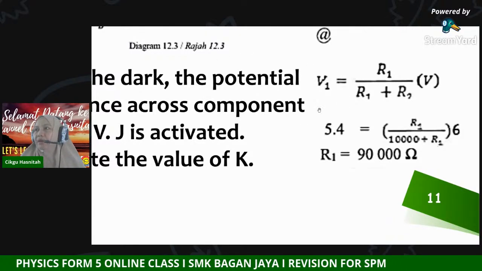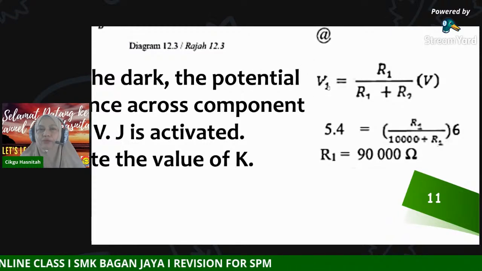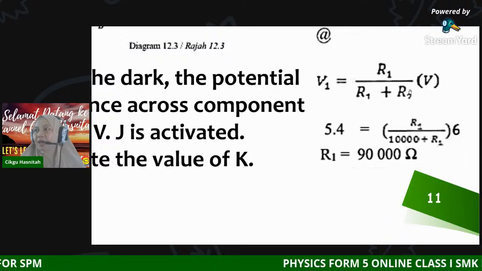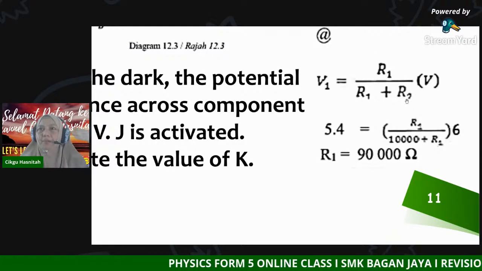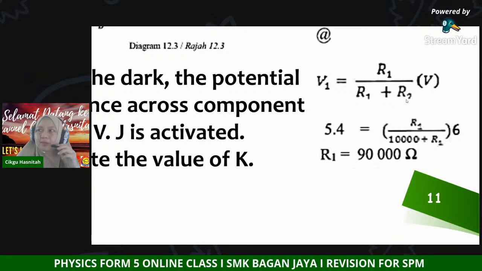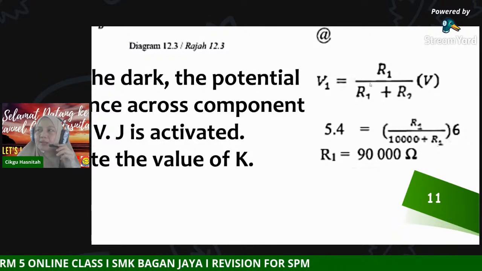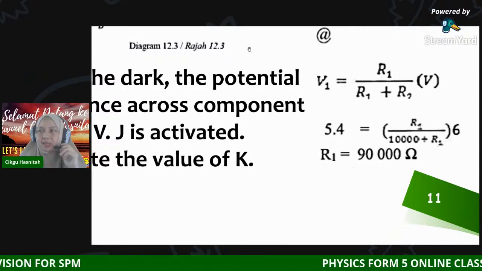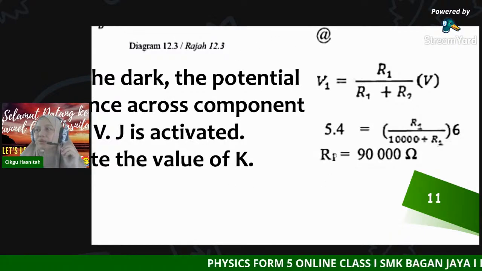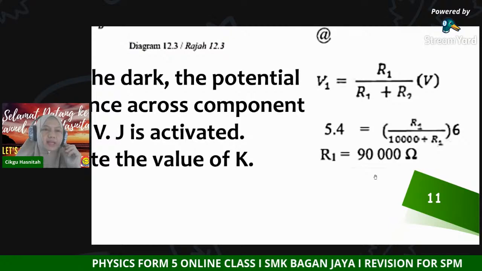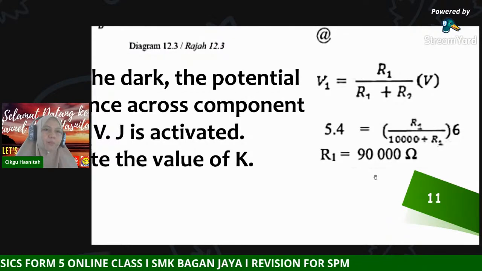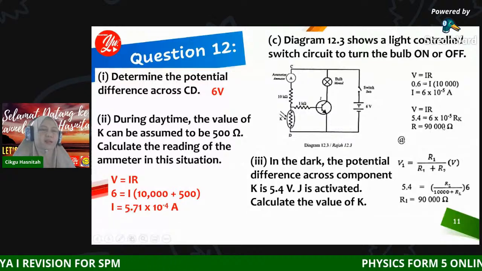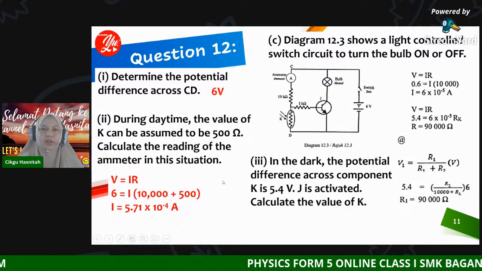V1 is 5.4, V1 refers to the voltage for K, R1 is the resistance for K, R2 is the resistance of the above 10,000 ohm resistor, and V is the total voltage at junction CD. By this we also find R1 is 90,000 ohm. So either one is applicable, you can use any one.